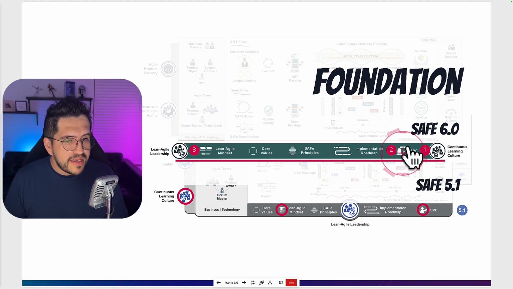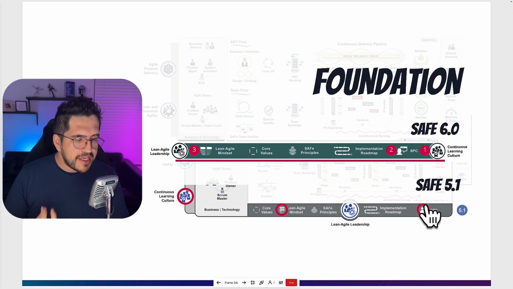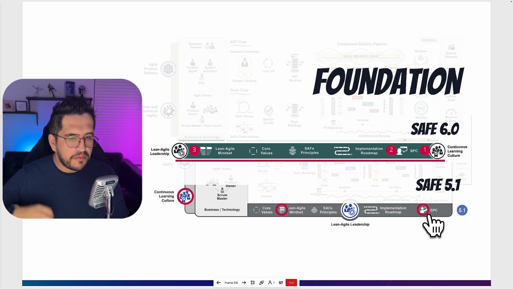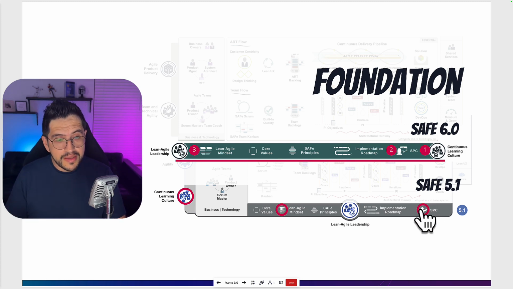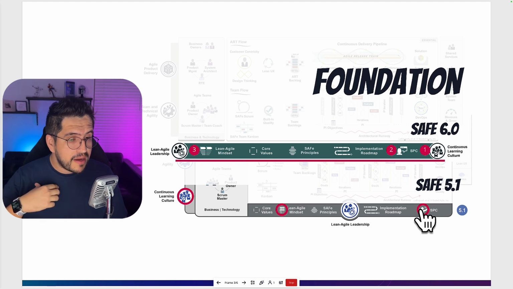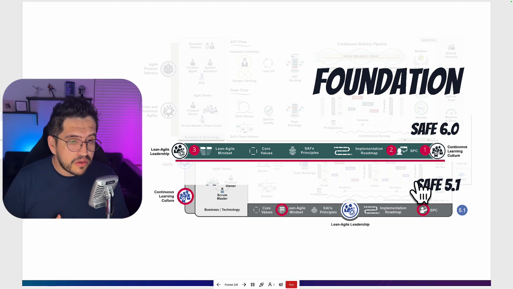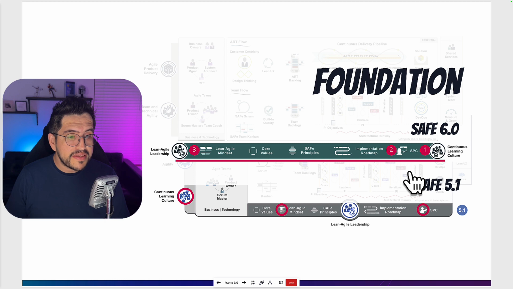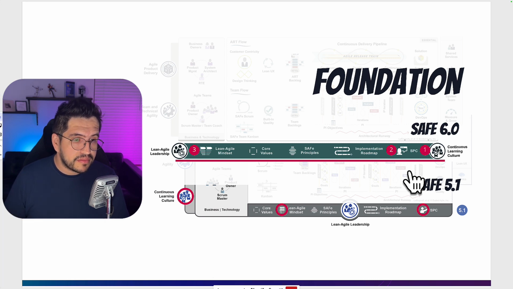The second is that, compared to the previous version, they added a new icon for the SPC. SPC before meant SAFe Program Consultant. This time they changed it. They are moving away from the word program, and you will see that in different places, and now it's SAFe Practice Consultant.